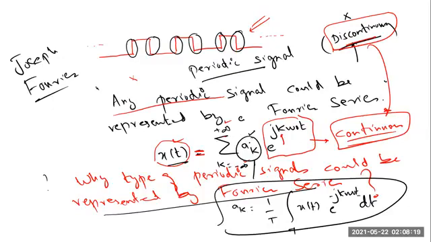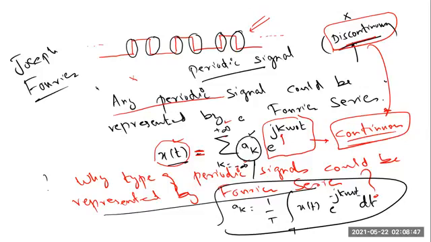So whenever you get a_k infinite, it means for that periodic signal, there is no Fourier series. Mathematically, if a signal has a Fourier series, then all Fourier coefficients must be finite. That is the mathematical interpretation.